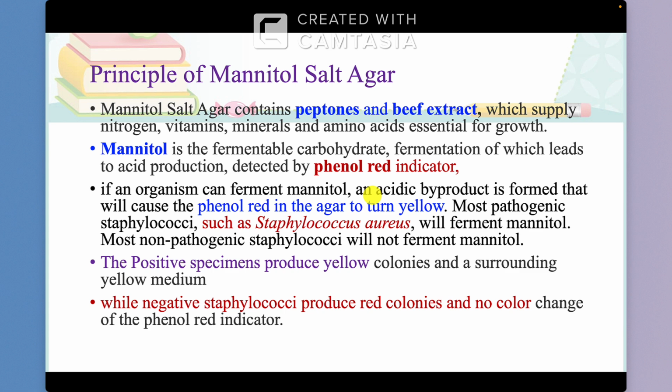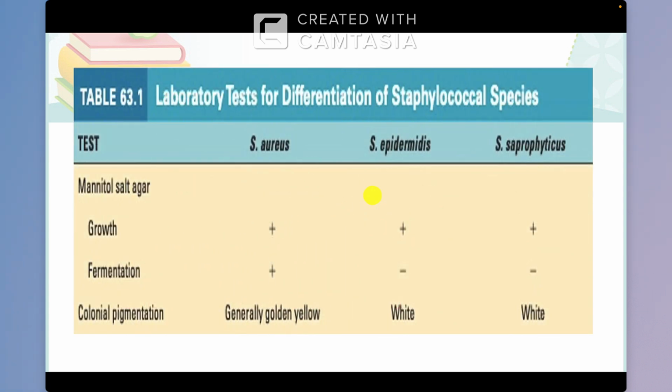The other Staphylococcus, like Staph epidermidis, Staph saprophyticus, Staph lentus, and Staph hominis, can grow but cannot do this fermentation and change the color. Look, this is Staph aureus, which shows growth and fermentation from red to yellow.